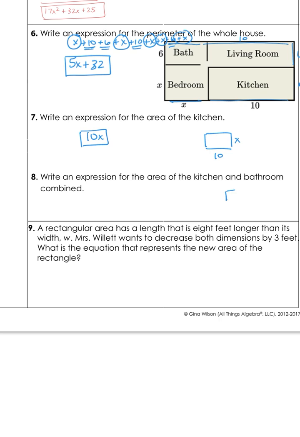The bathroom was 6 on one side and x on the other. So when I multiply those, I get 6x for the bathroom. The kitchen is 10x, so I'm going to add those together. So I have 6x plus 10x, and that's going to give me 16x. There you go.